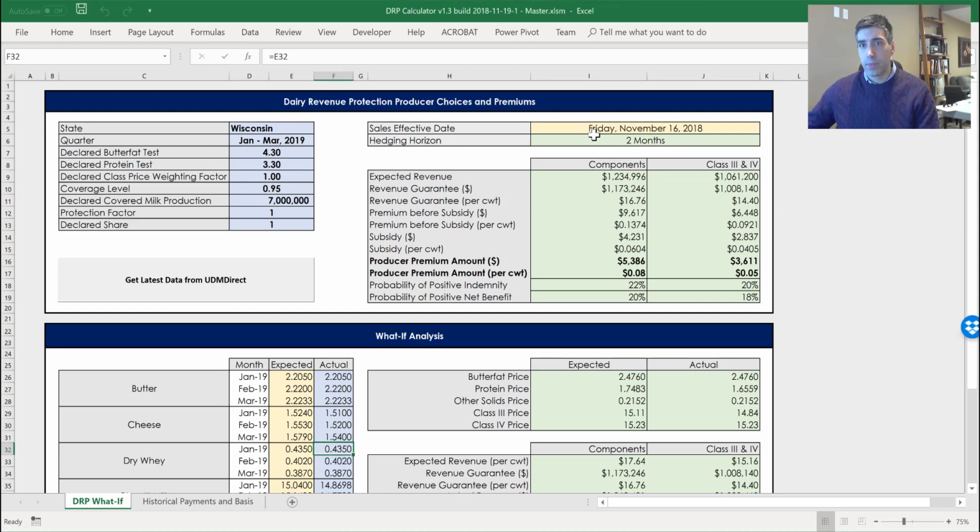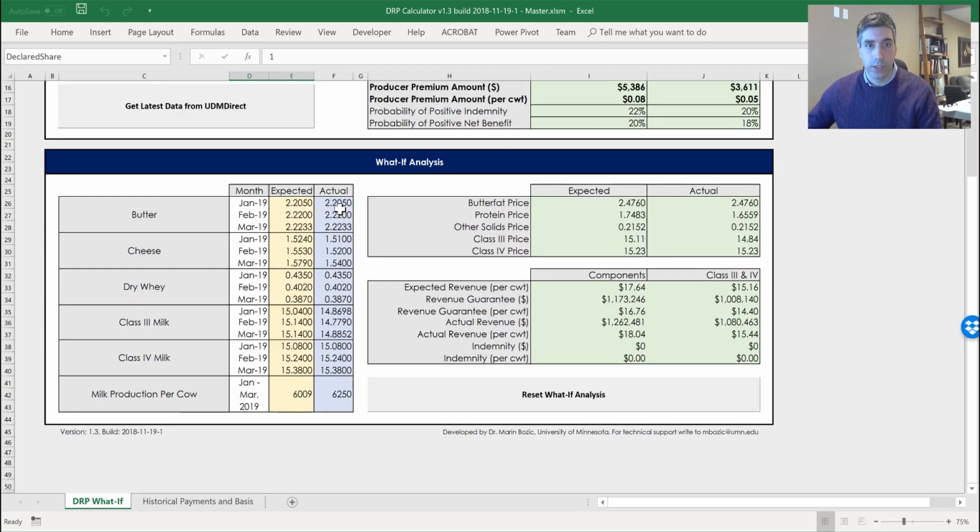All the cells in the calculator are colored either blue, gold or yellow, and green. The blue cells are those that you control. You can declare what your state is, which quarters you want to protect, butterfat, protein, class price weighting factor, coverage level percent, declared covered milk production, and then protection factor and declared share.